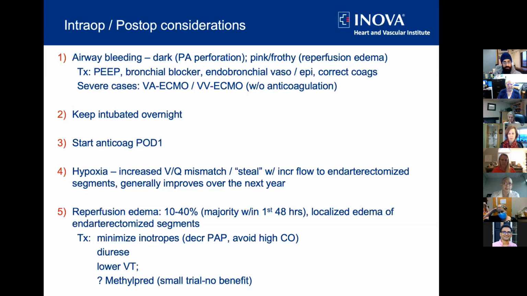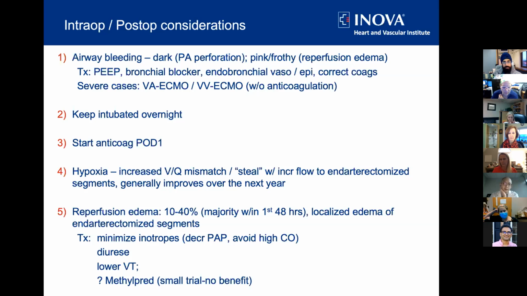Because there's a significant risk of reperfusion edema once you've cleaned the lungs out, the recommendation is to keep the patient intubated overnight. There are some programs pushing to select out patients that could be extubated the same day, but because it is not a simple thing to pick those patients out, from a more conservative standpoint we have left them all intubated overnight.